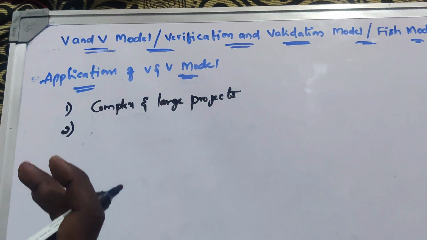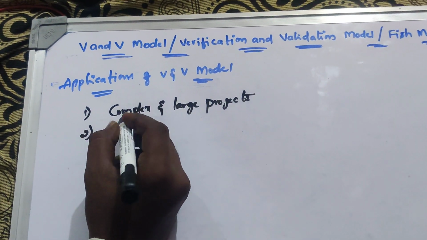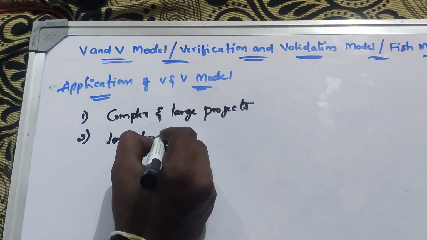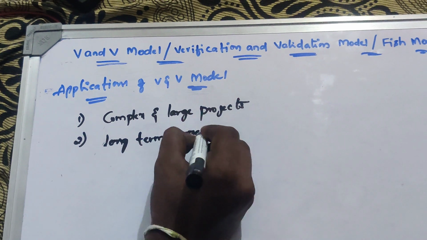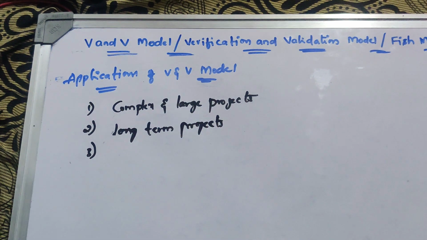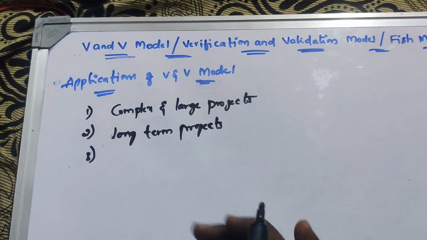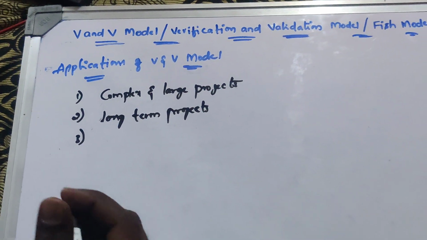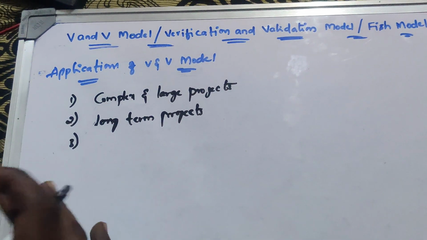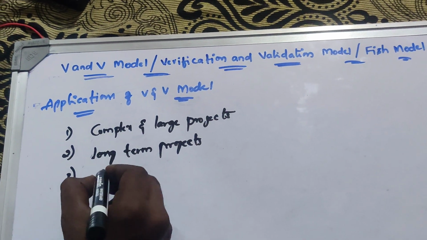Whenever we are going for a long duration project, a long term project, we will go for the VNV model. When a customer is expecting a high quality product in a short term, we go for the VNV model. Why? Because the testing starts from the initial stage itself, so that we can avoid so many defects in the software.